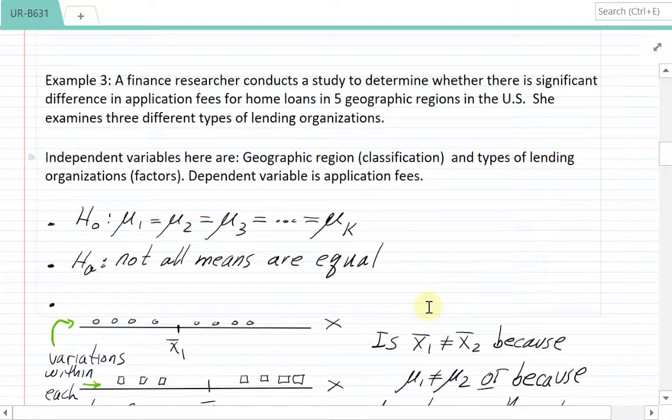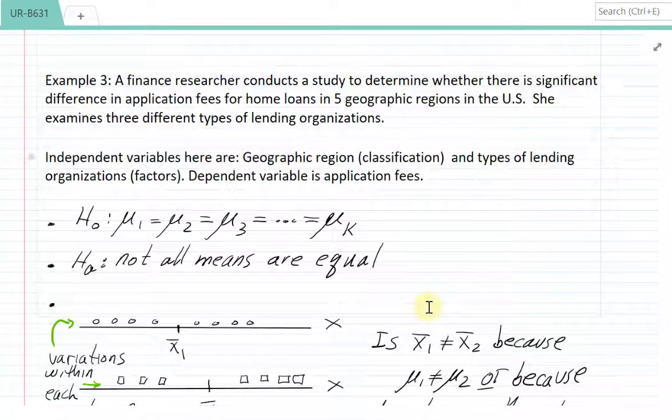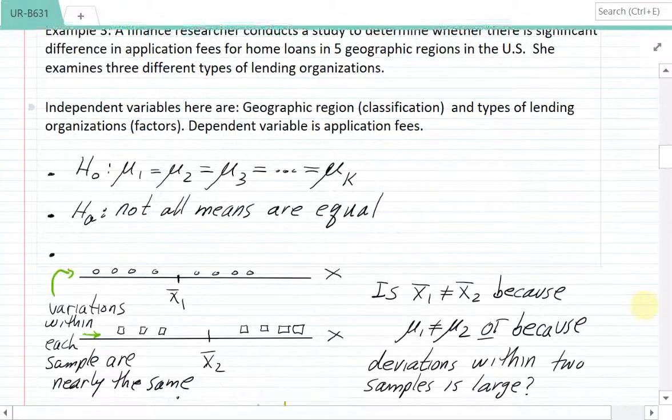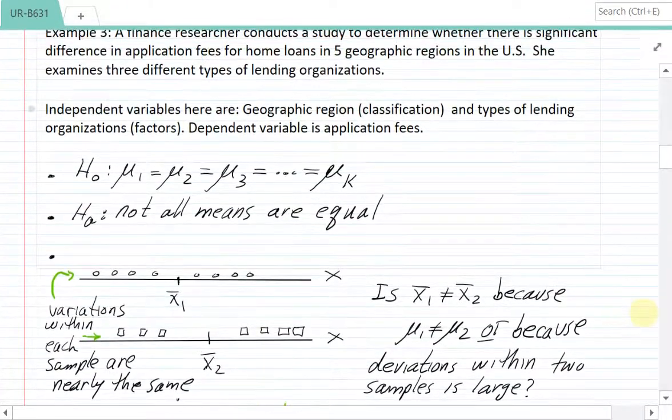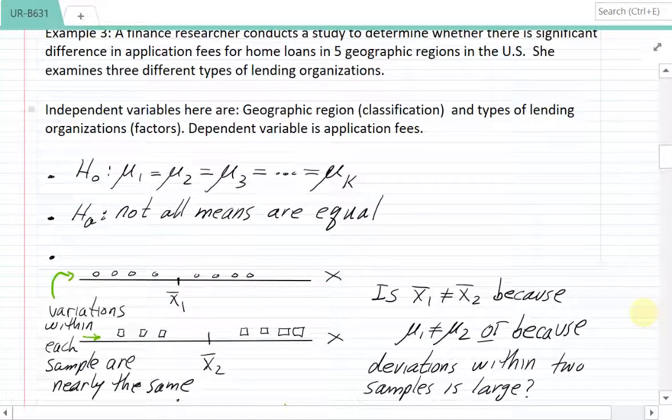Now, here I'm going to try to explain the logic of ANOVA, how they went about putting this analysis of variance table together. So first of all, here I have made up 2 sets of sample data. So here I have 1, 2, 3, 4, 7, 5. The numbers don't matter. But it looks like I have 8 dots.